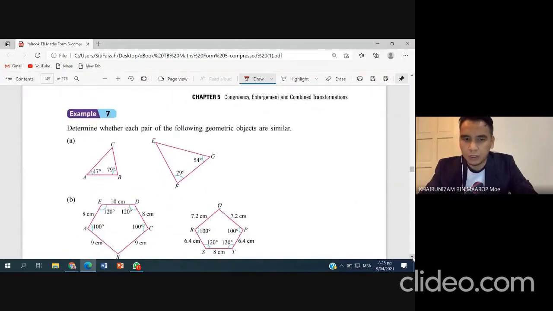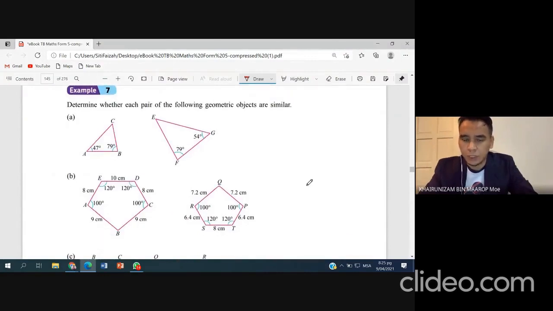Look at example 7. Don't look at the solution first. We just try. For this one, we want to determine whether these two objects are similar. Look at this one. The 47, here no 47, but the interior angle of a triangle is 180, right? So 180 minus 79 minus 54.